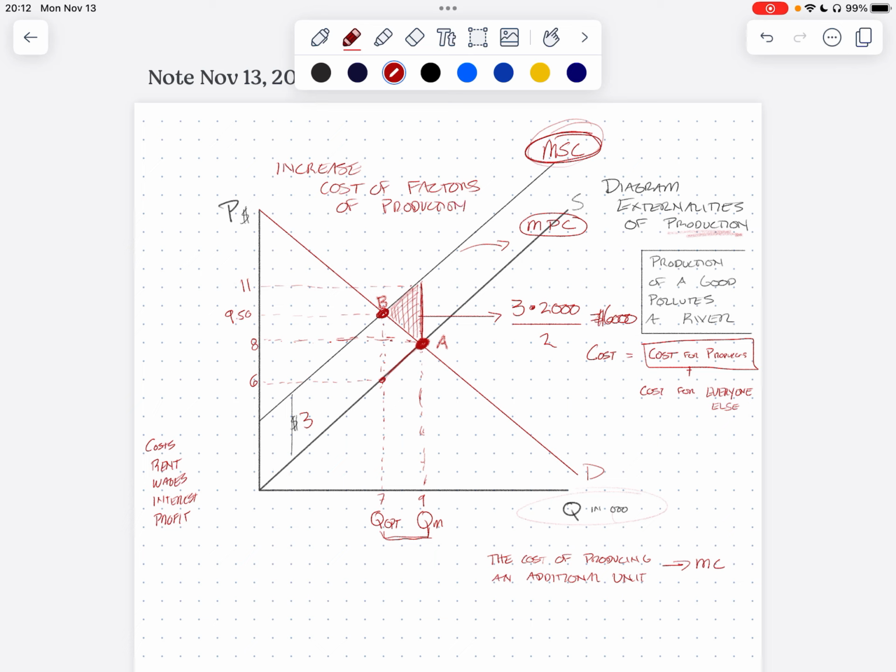And so when you think about it that way, an increase in the costs of factors of production has really just shown us that, in fact, the good is being overproduced. And so by combining our simple shift of an increase in the cost of factors of production with our knowledge of what a subsidy diagram is, we can now create our externalities diagram.